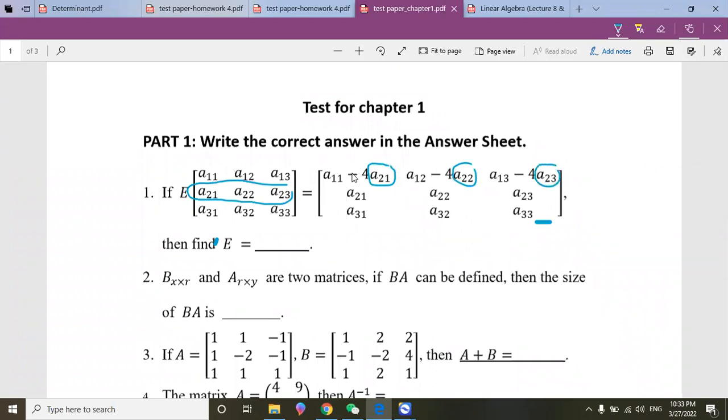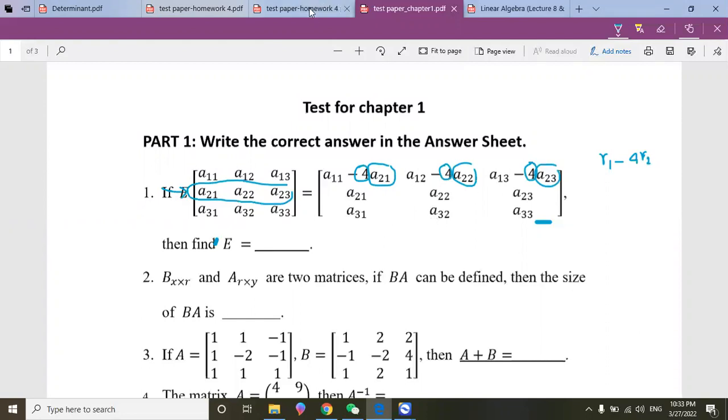And then we have multiplied by -4. We have multiplied 4 with the second row. And the row operation here is going to be R1 minus 4 into R2. So this is the row operation that our teacher did here.